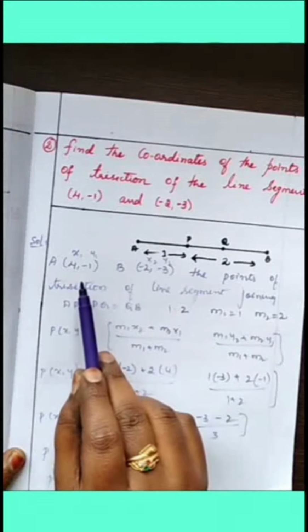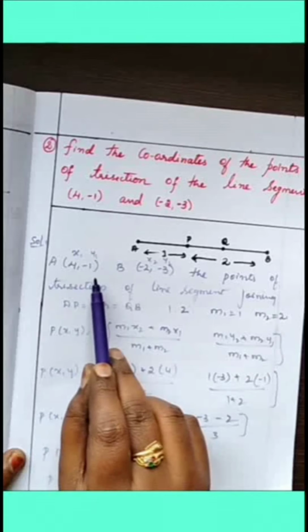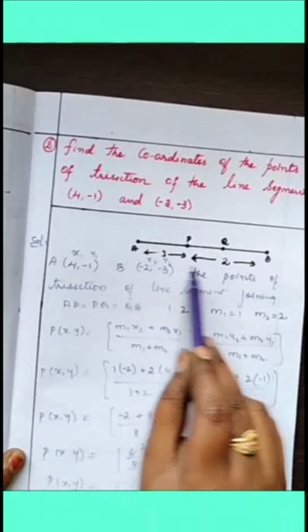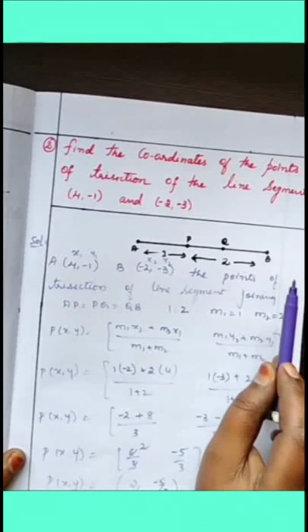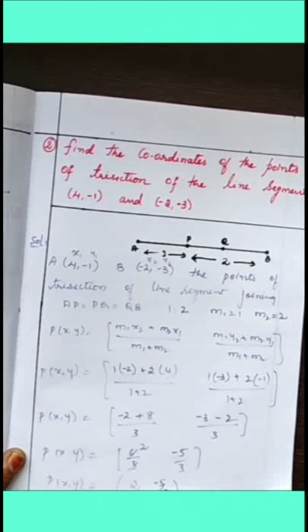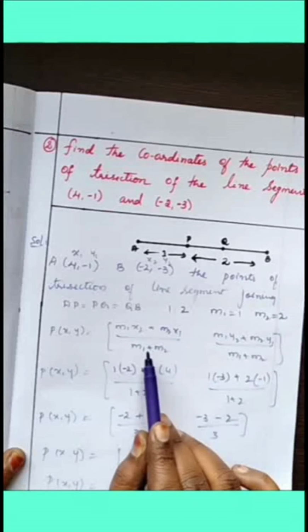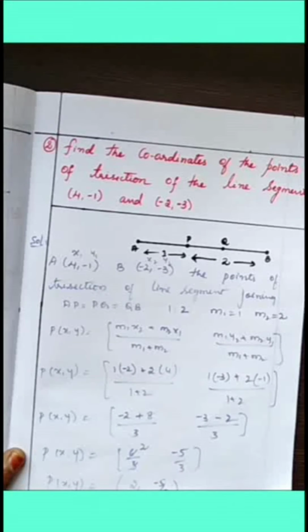Now the data has been given: A equal to (4, -1), B equal to (-2, -3), and this line AB is dividing internally in the ratio 1:2. Now you substitute all these values, x1, y1, x2, y2 and m1, m2 values in the section formula. Simplify it and calculate x, y. P of x, y: x value is 2 and y value is -5 by 3.